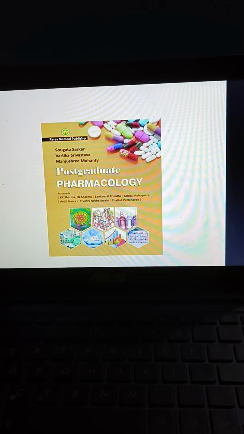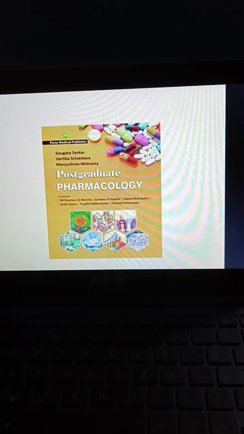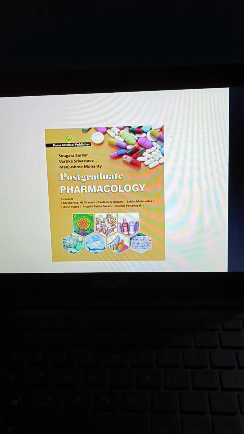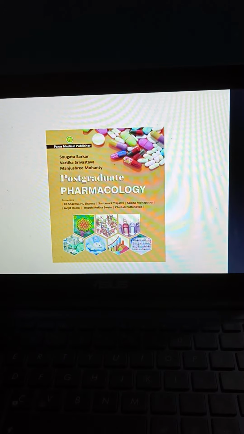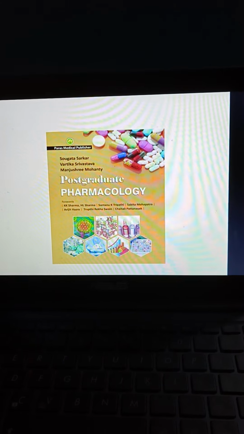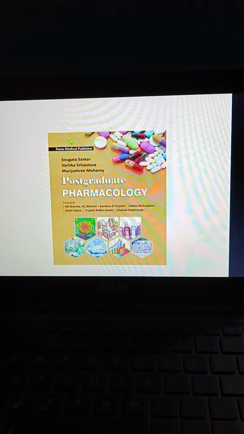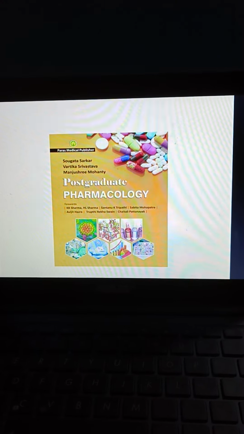Then this is the book written by my senior, Dr. Shogat Sarkar and his co-authors. This is a postgraduate pharmacology book, and it is a very good book.